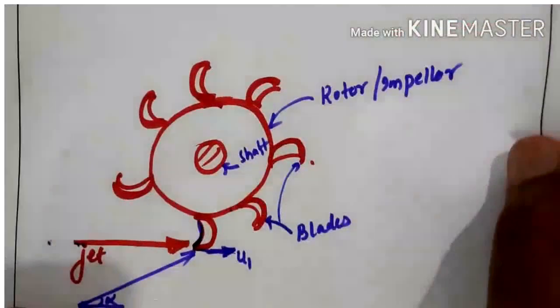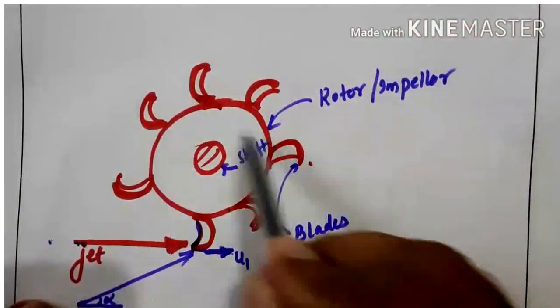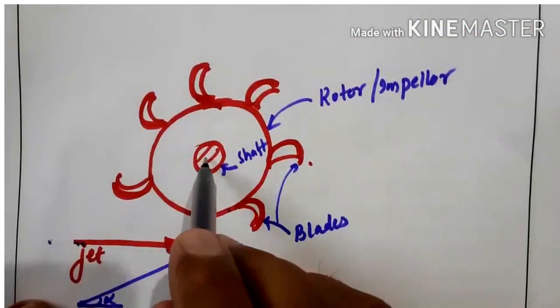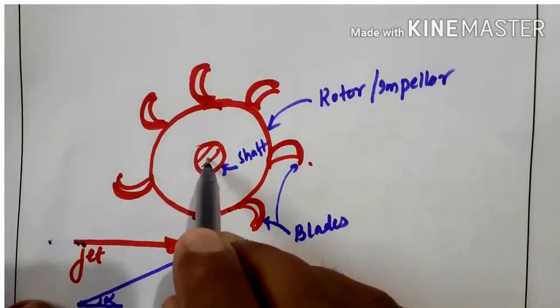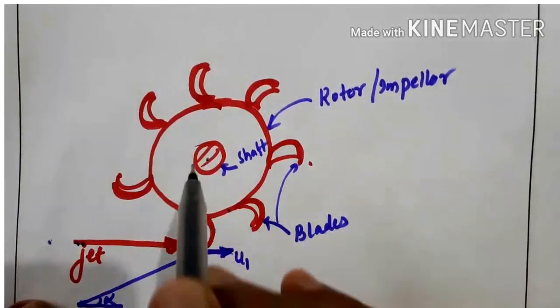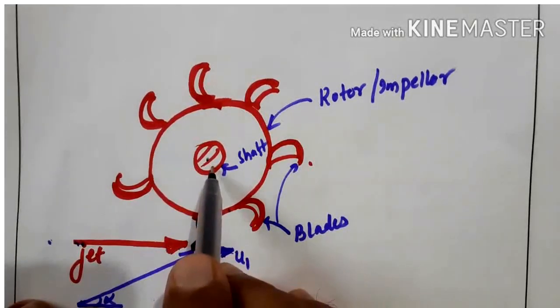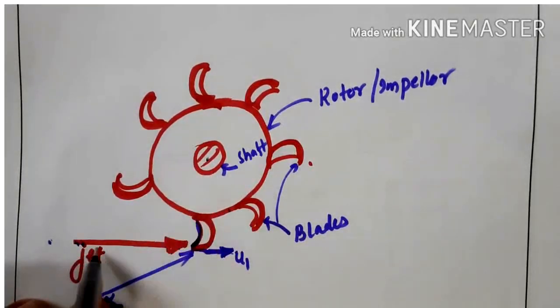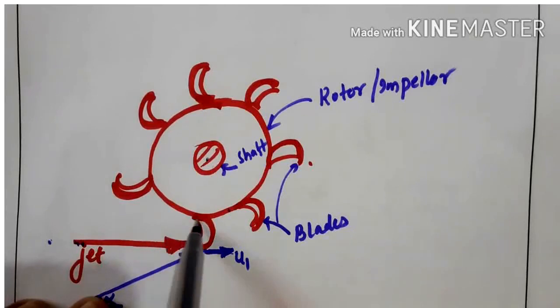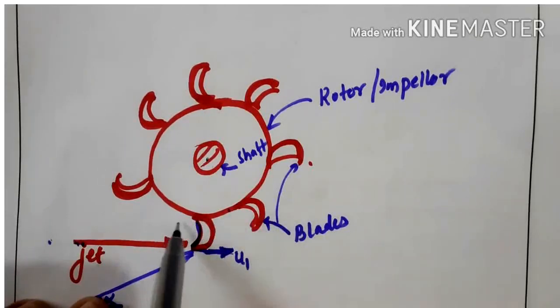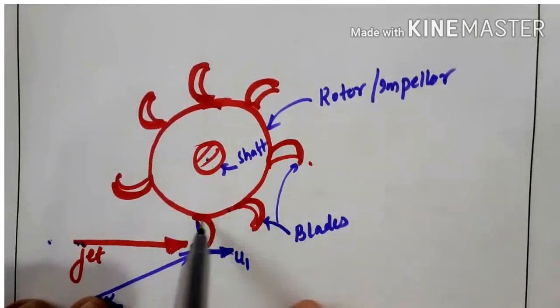This is the turbine, and if you take the perpendicular to the shaft, that represents the axis of the turbine, and it is striking in this direction, which will be the tangential direction, tangential to the shaft.